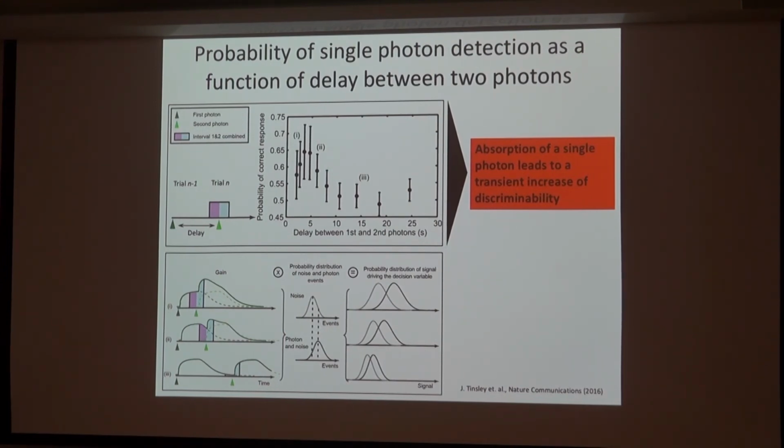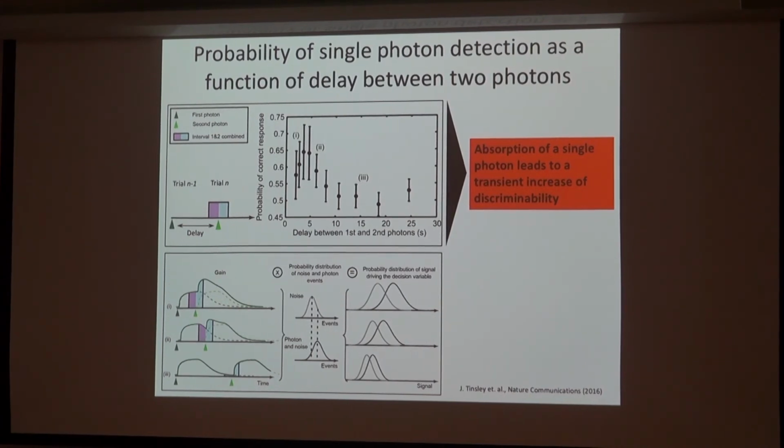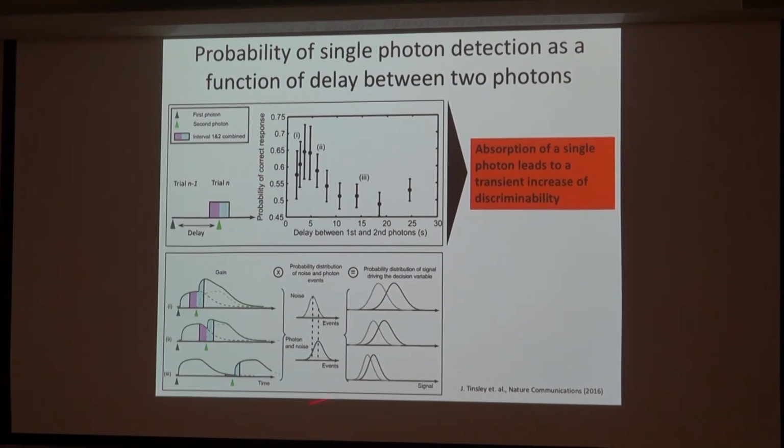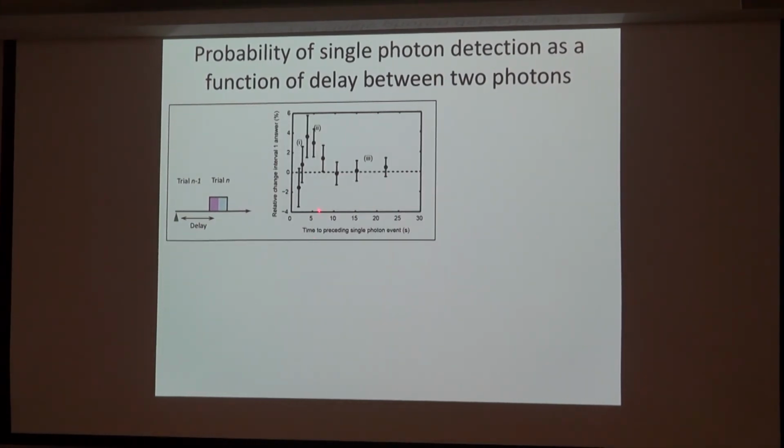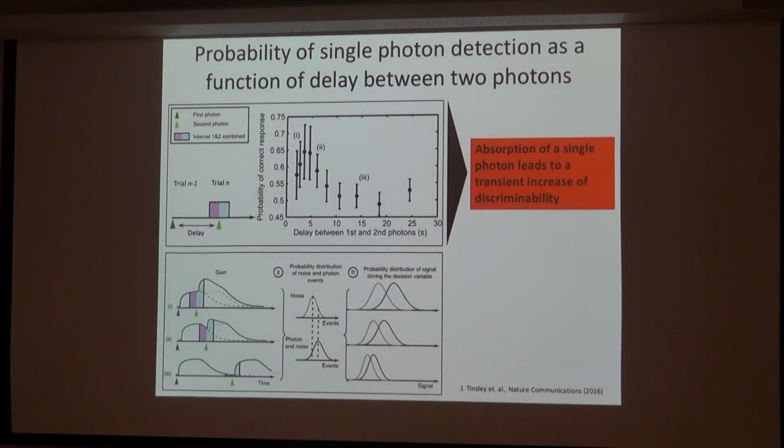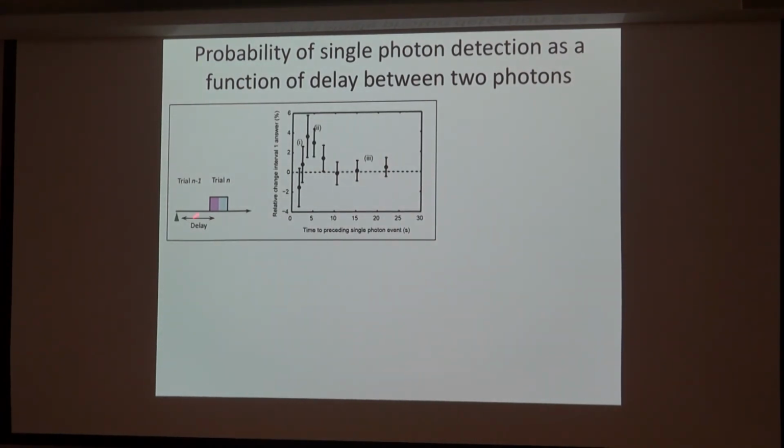Basically, we look at the cases where we had a previous isomerization reaction, but in the second trial, it was a catch trial. We knew that there was no photon here. Right? So the idea was that you induce a photon that would change the gain, but then you also have the probability of spontaneous isomerizations, which are the dark noise. If that were true, then you would expect the first delay period of the trial to lead to a higher probability of detection than the second one, and this would lead to a relative change in the bias of subjects choosing interval 1 versus interval 2.